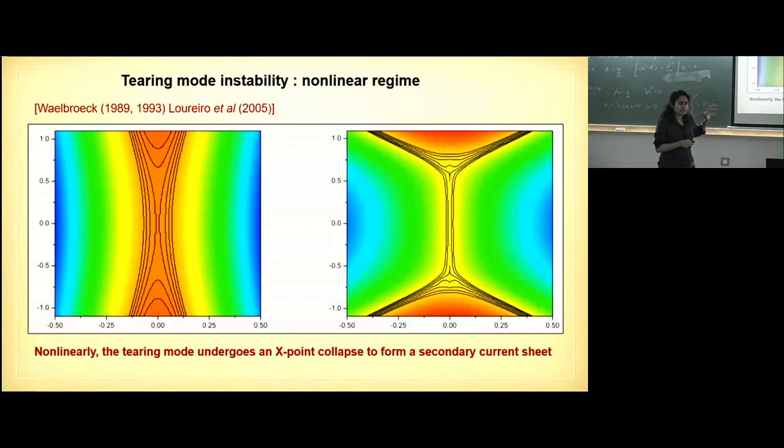This is important, I'm telling you because this is the kind of setup that I use in my simulation. So if this secondary current sheet is a thinner current sheet, then you can think of plasmoid instability as a secondary instability on top of the tearing mode instability. But that's an aside.